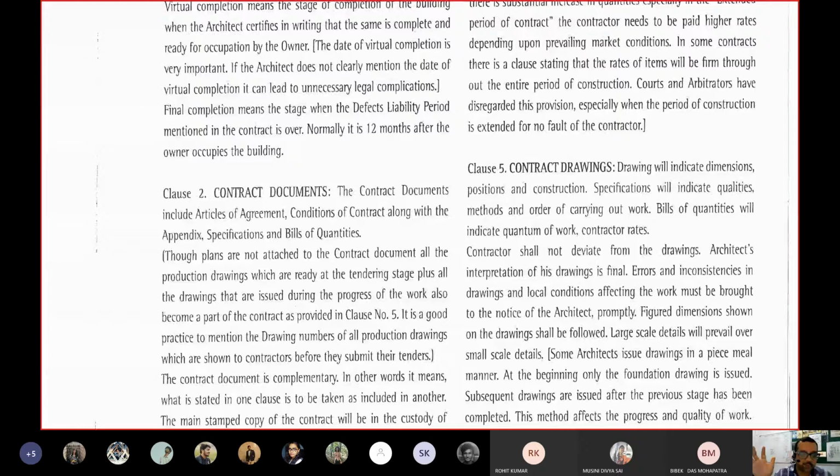Now here you can see that in a building construction agreement, we are supposed to have given the drawings or the plans beforehand during the tender invitation itself, because without that the tenders or quotations will not be provided. So during the contract document, the production drawing or tender drawing may be attached again, or you may avoid attaching it.